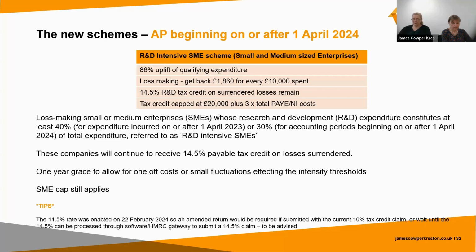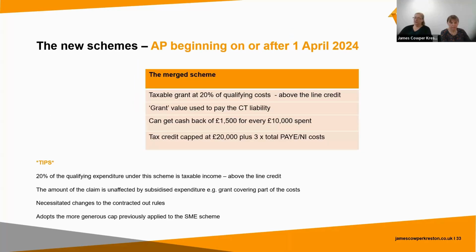There will be a 1-year grace where perhaps a company fluctuates with those rates, where perhaps they have a one-off cost or something like that, which would make them fall below that intensity threshold, so that a company has more chance of staying within that scheme. There's also, next slide please. There is also the merged scheme.